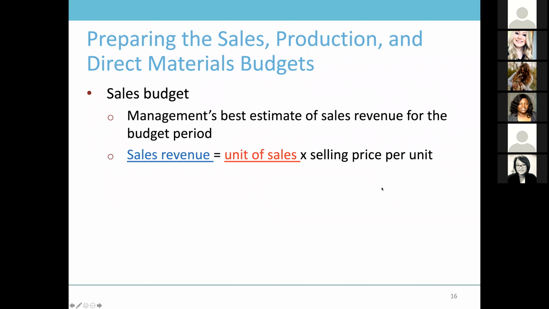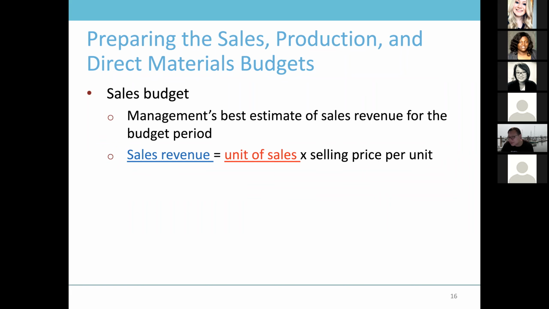Okay, so now let's take a look at the sales budget. The sales budget is relatively very straightforward. What's your sales revenue? Your sales revenue equals the units of sales times selling price per unit. I'm thinking I can sell 10 units, each unit is $100, so my sales revenue will be 1,000.